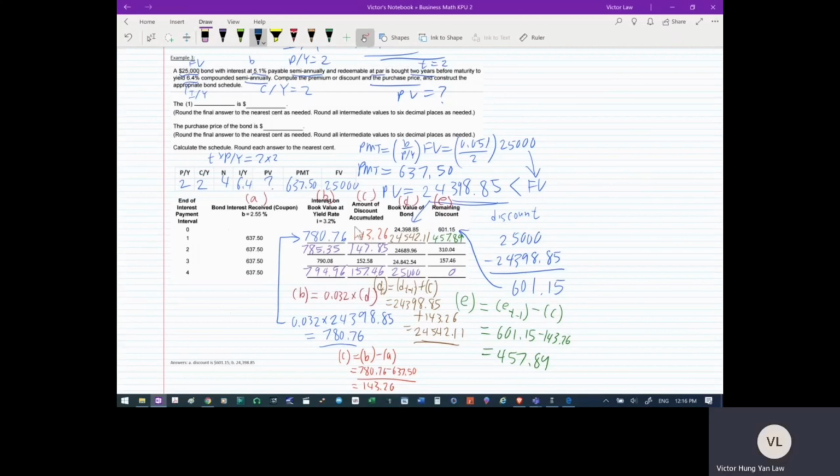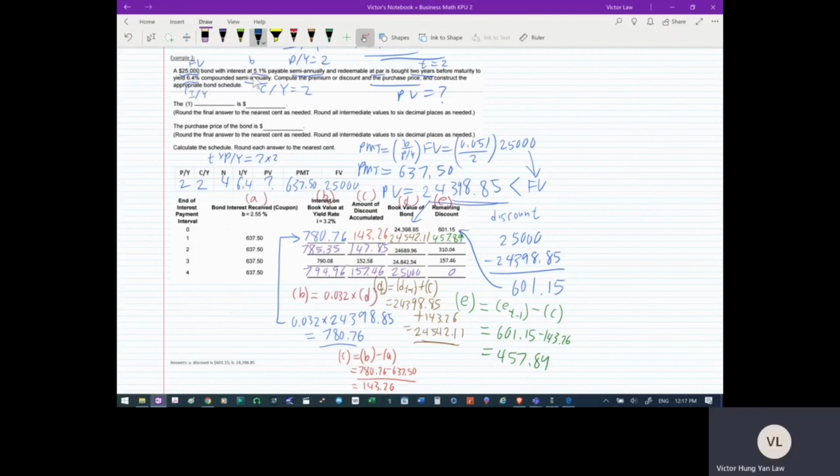We're going to calculate column B first, the interest on the book value. We take the periodic interest rate, which is your I. Your periodic interest rate is basically your nominal interest rate, 6.4 divided by 2 because it's compounded semi-annually.